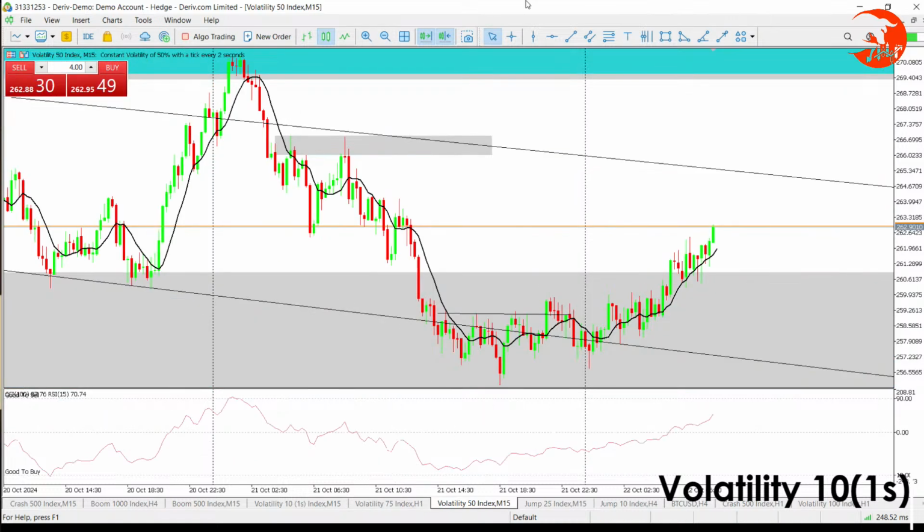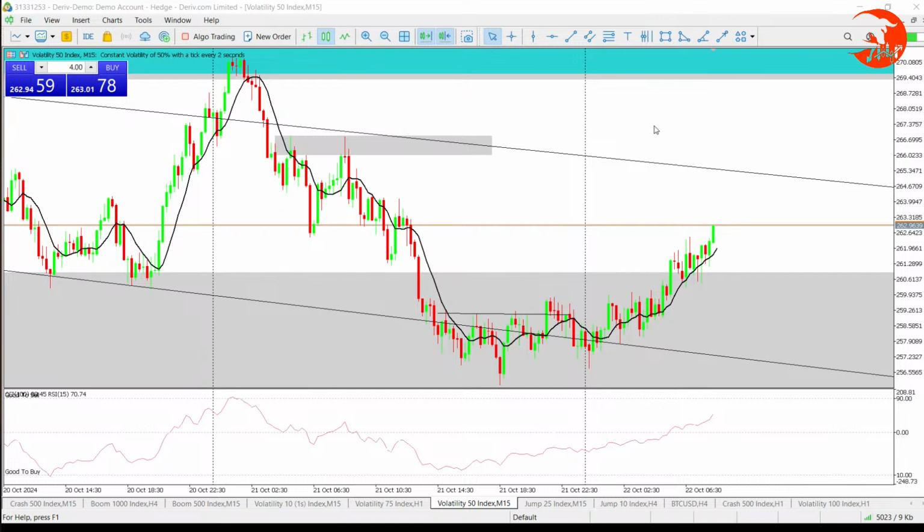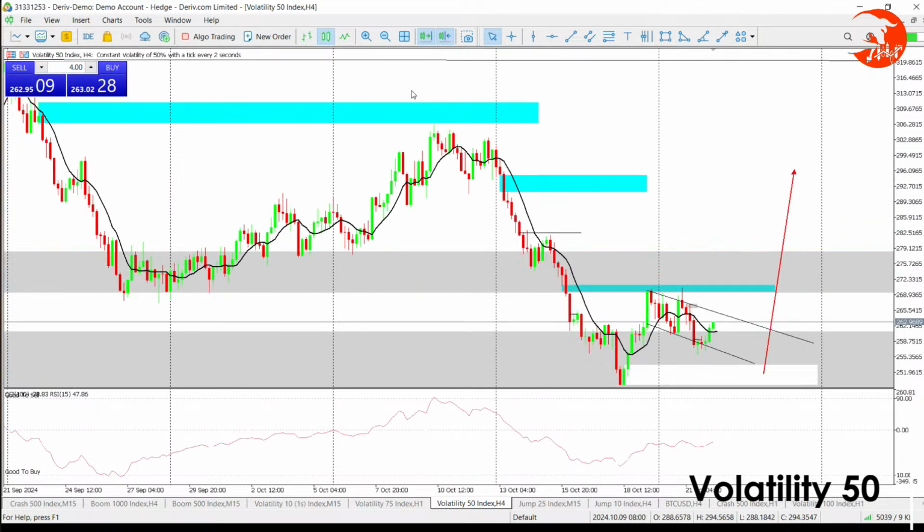So V50, oh, I had left here even this 10. So V50, sorry I didn't change the name. So V50, now we are heading over to H4.